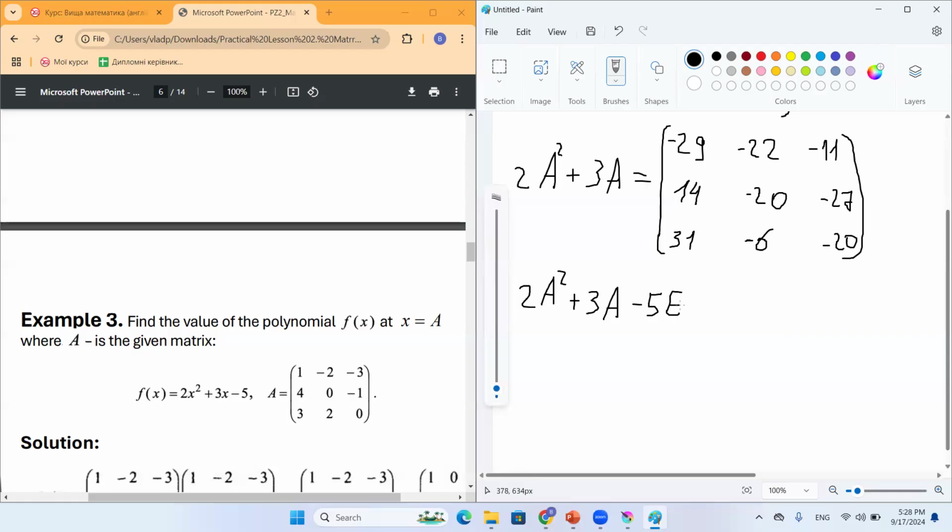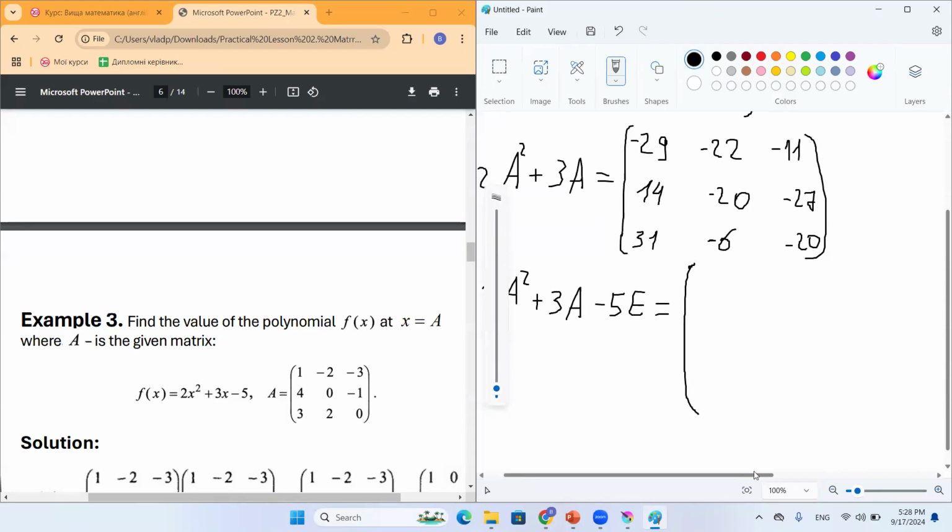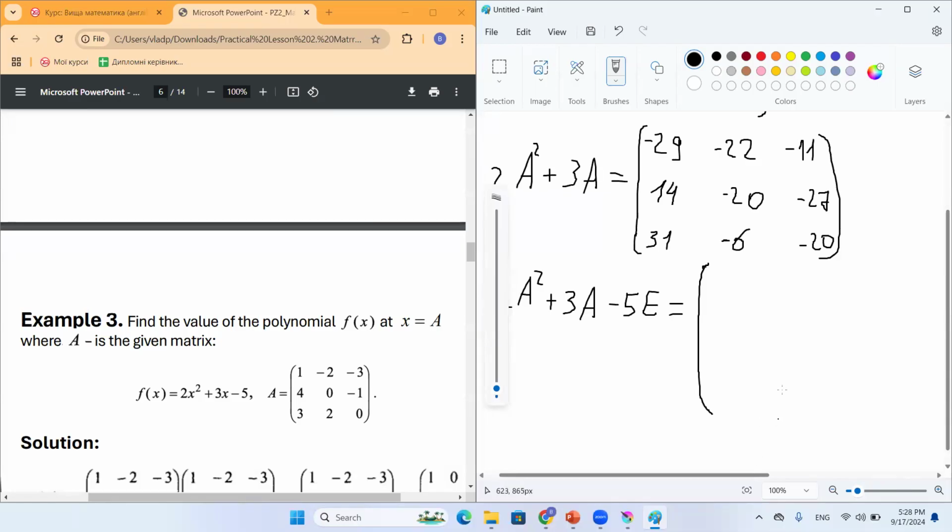So we subtract 5 identity matrices from this. And now let's calculate. So just all together. Who wants to help me?